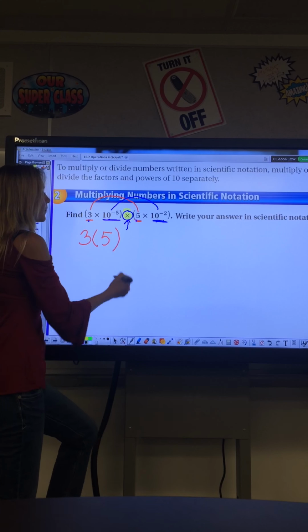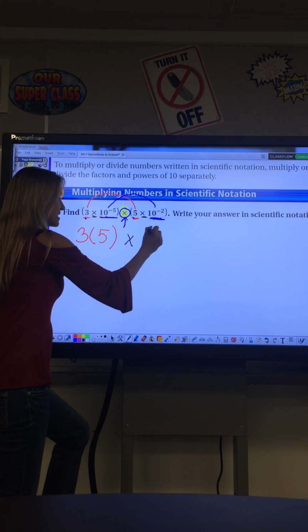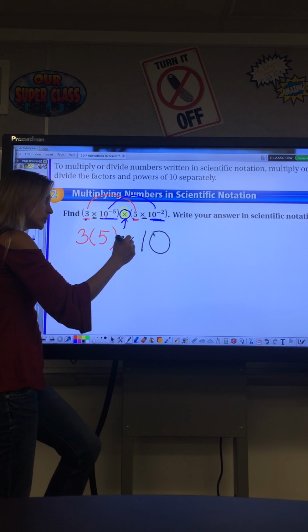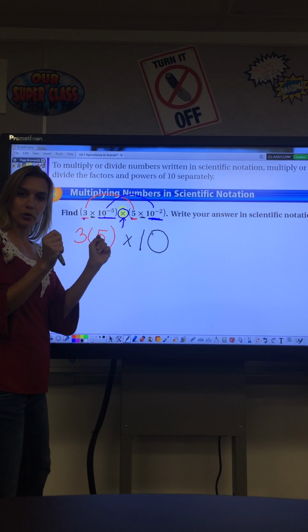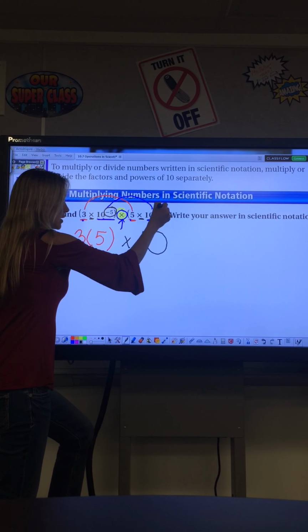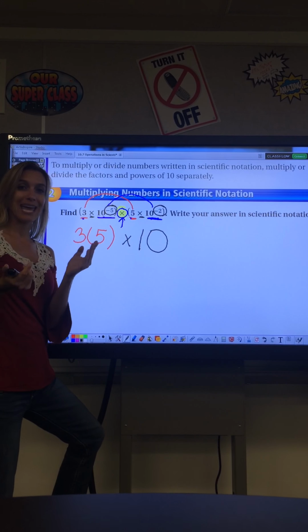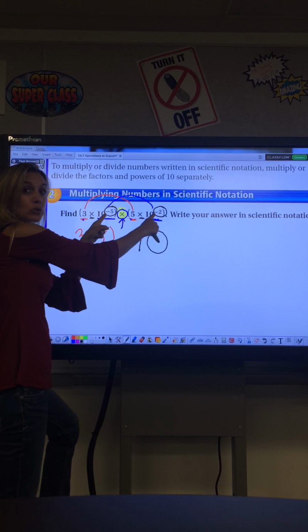And then they both have times 10. And what are we doing with the powers of 10? We're multiplying. What do we do when we multiply exponents? Multiplication goes hand in hand with addition. Really, we are adding the two exponents.